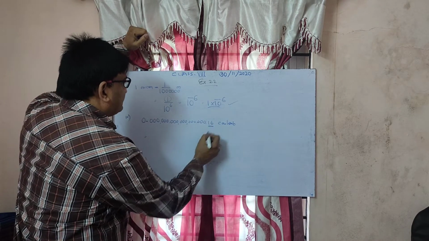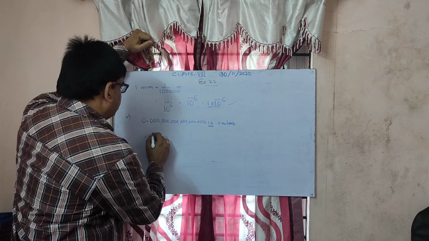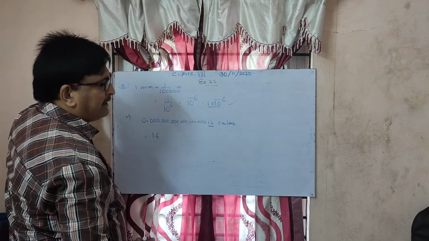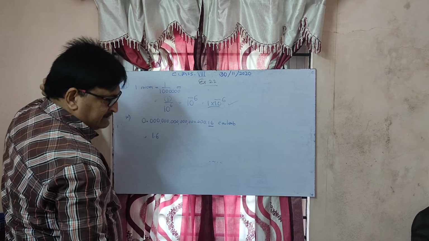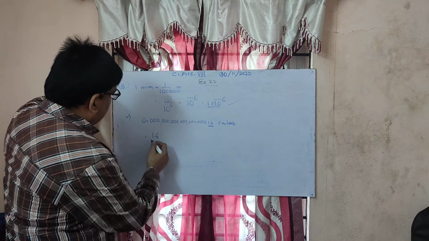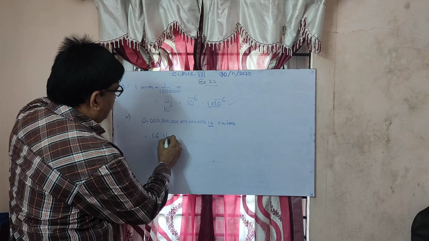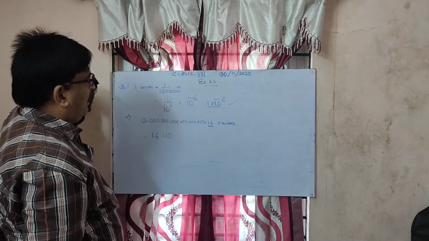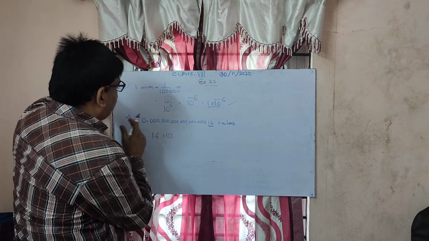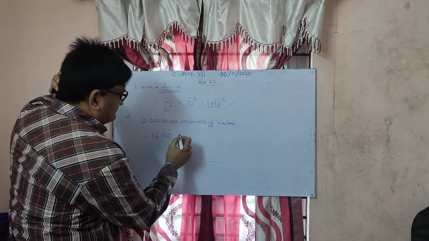First, take whatever number is there, that is 16, and write it as 1.6. Why? Because the standard form says the number should be more than 1 and less than 10. So 1.6 into 10 to the power. Now the point is moving from left to right, which means the power is always negative.